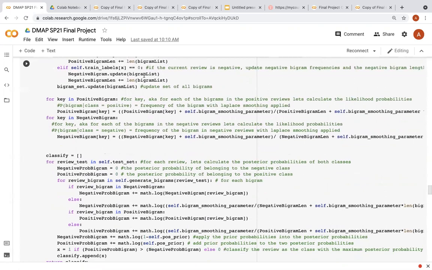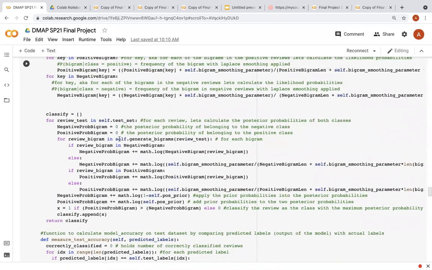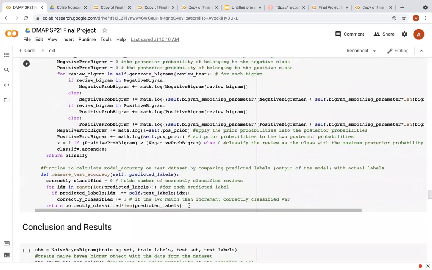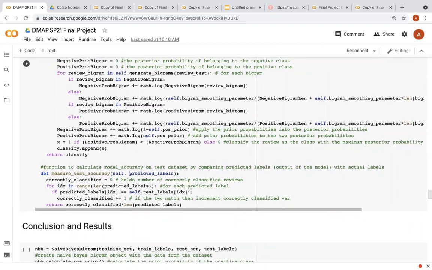And doing the same thing, calculating the likelihood probabilities in the training stage for each bigram, right? Not individual words, but it's the same idea. And here we calculate the posterior probabilities of each bigram in negative or positive class, and we apply logarithms again to reduce the chances of underflow, and we have an accuracy function here as well.